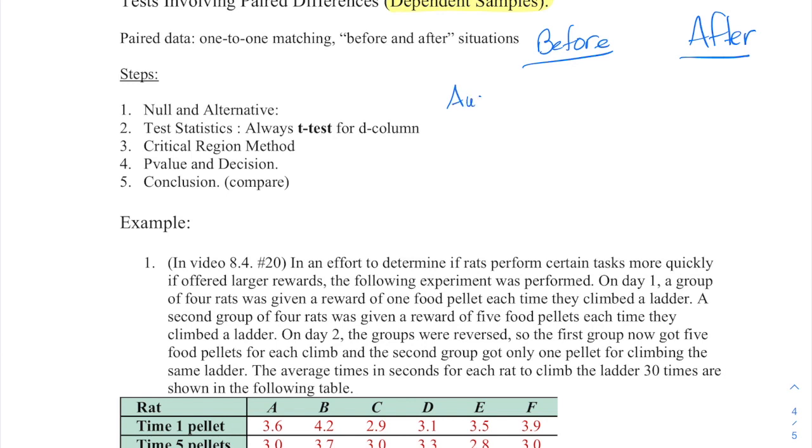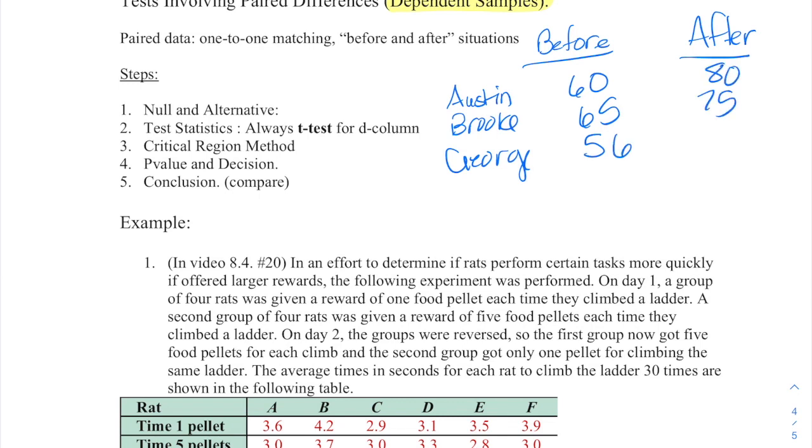let's say this is Austin, this is Brooke, this is George, okay? And if their heart rate before exercise, let's just say they take their heart rate 65, 60, 65, and 56, and then after exercise, it's 80, 75, 70. Okay?